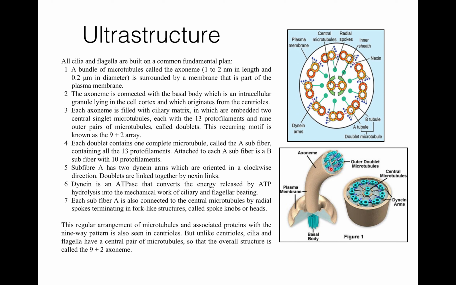Each axoneme is filled with a ciliary matrix in which there are two central singlet microtubules. Here you can see the central singlet microtubules, and they both have 13 protofilaments: 1, 2, 3, 4, 5, 6, 7, 8, 9, 10, 11, 12 and 13.